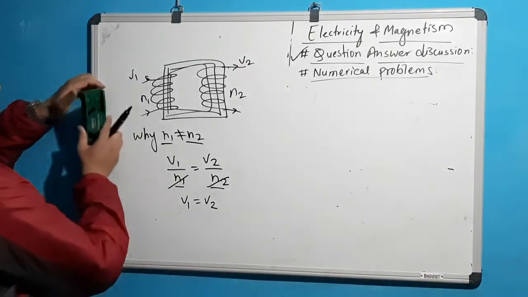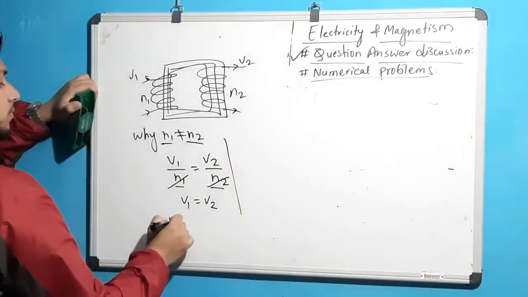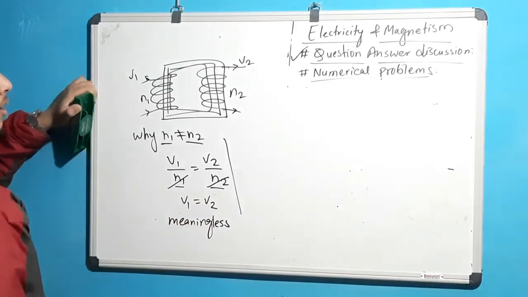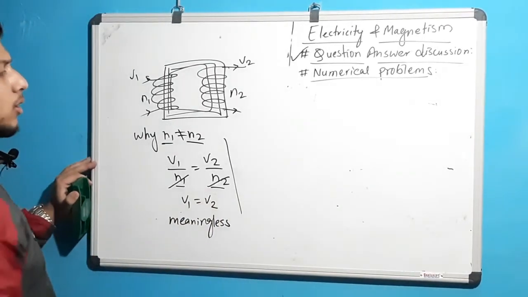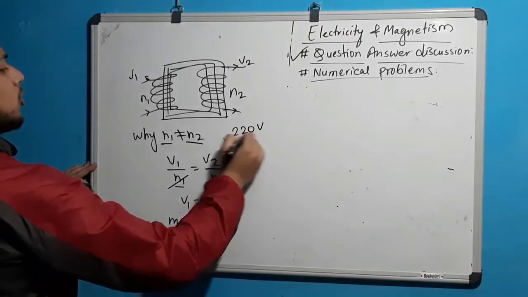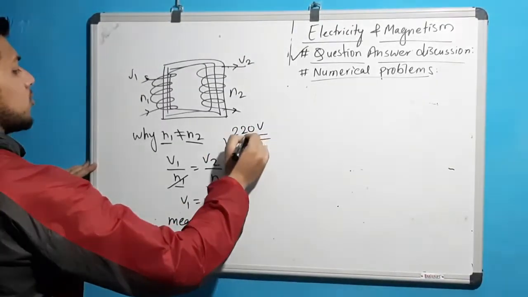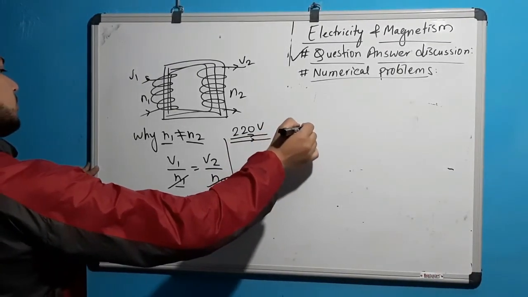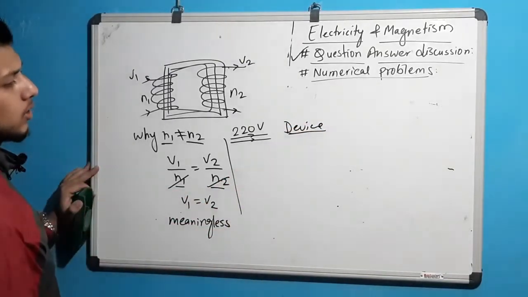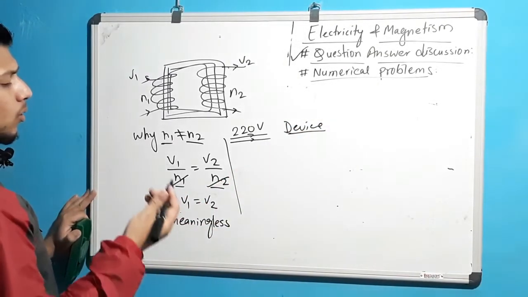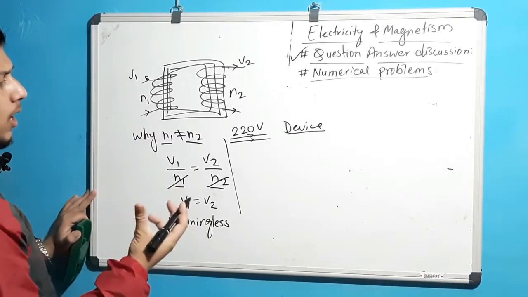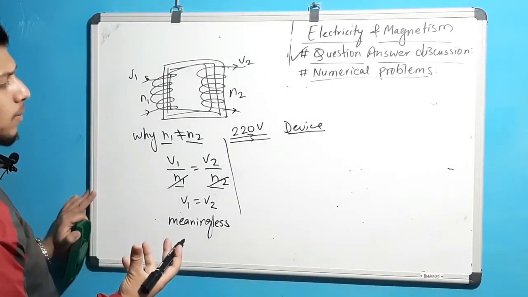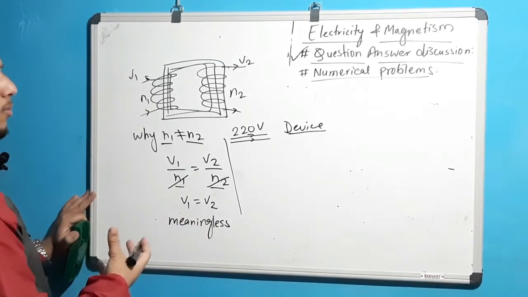In any device we give an input of 220 volt. Our supply is this much, but the device may not need that much input. So whatever the device needs, that amount of electric supply we have to maintain by using a transformer.